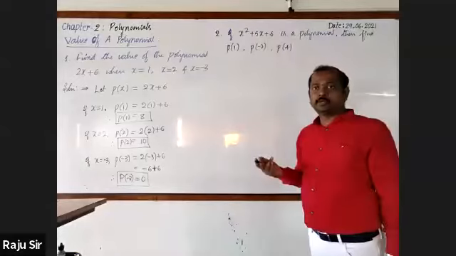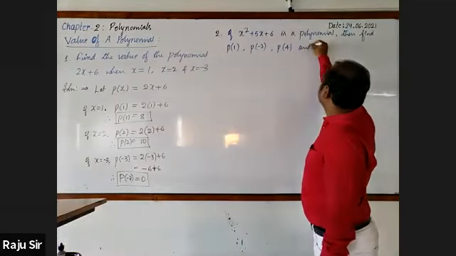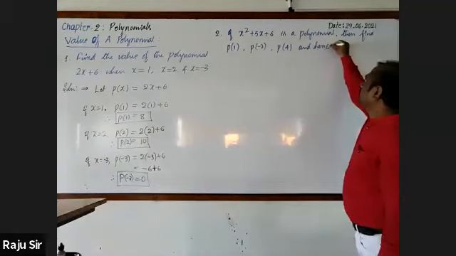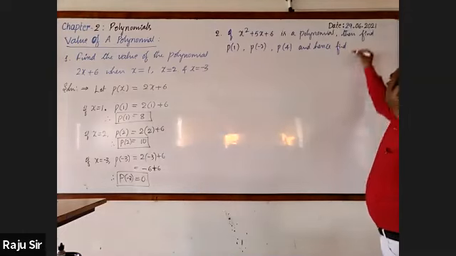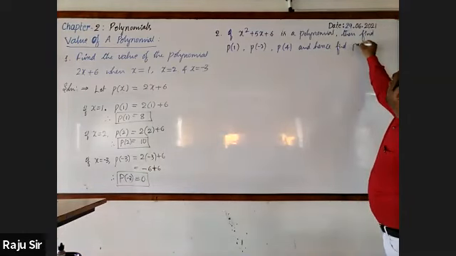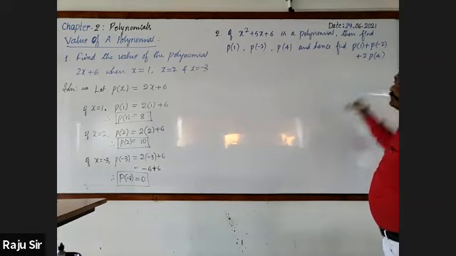Got it? And hence find P of 1 plus P of minus 2 plus 2 into P of 4.